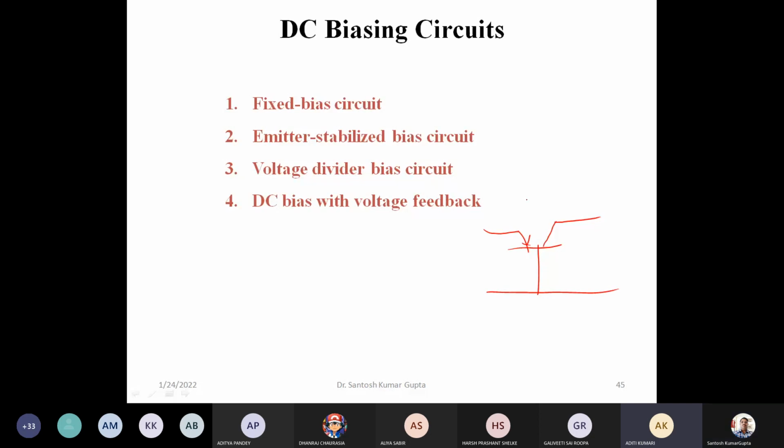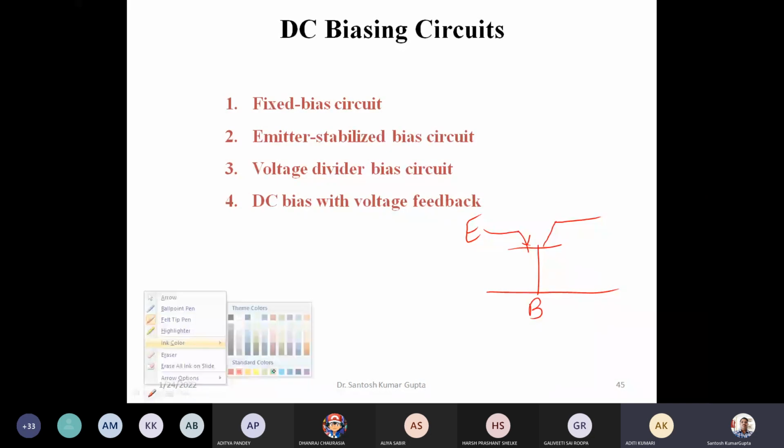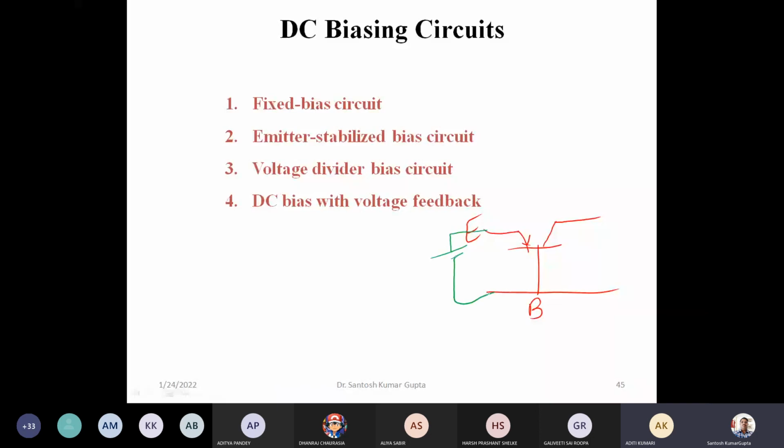The base emitter junction was forward biased with the help of a voltage source like this, and the collector base junction was reverse biased by the use of a voltage source like this. This is basically a PNP transistor.